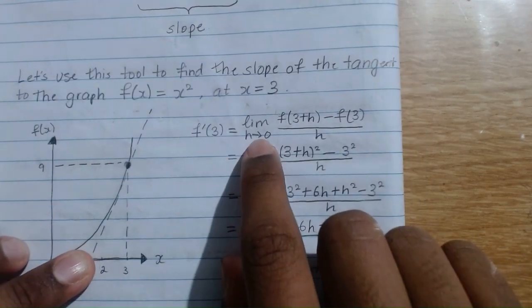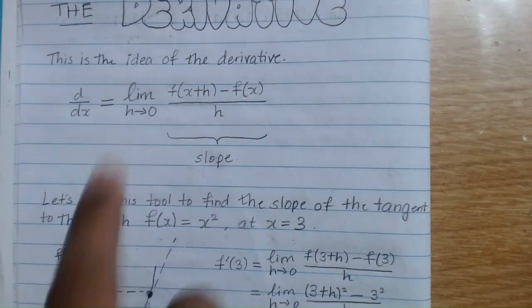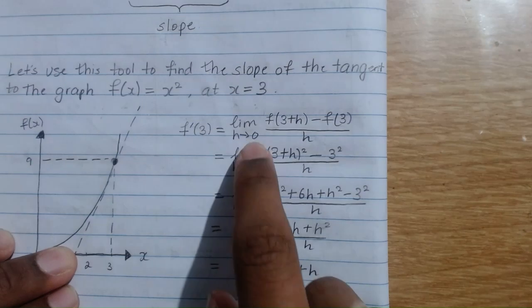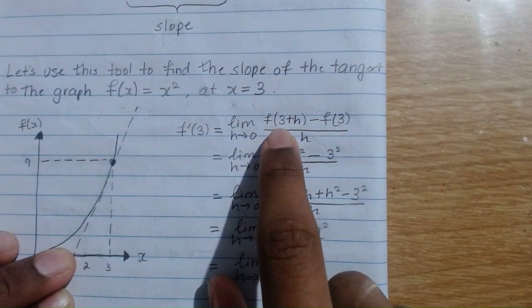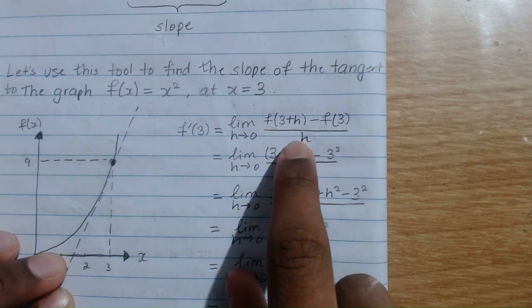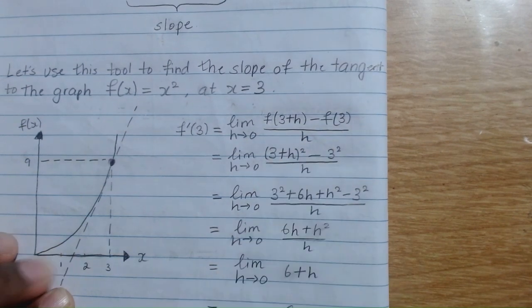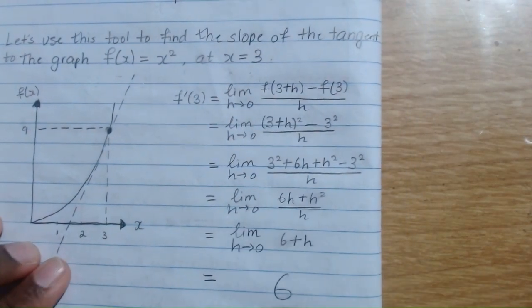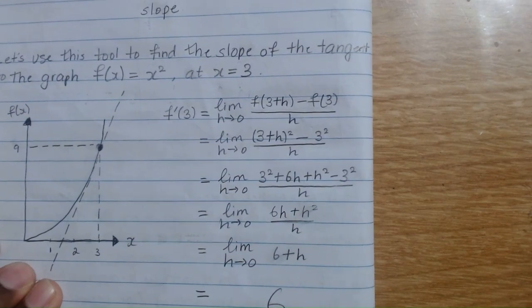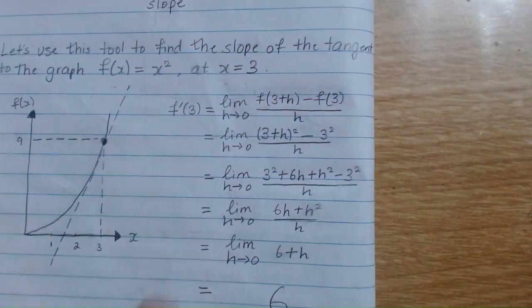We're using our derivative formula here, so that's equal to the limit as h approaches 0 of f of 3 plus h minus f of 3 over h. Over here we have x, and here we're just substituting 3 for x. Now, what does this statement really mean?